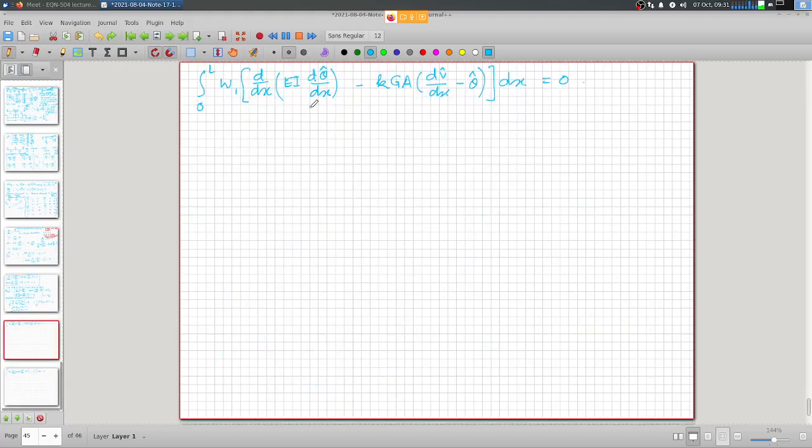So let's work out the first equation. First term, integrate this by parts: integration of W1 multiplied by this expression. So the first function multiplied by the integral of the second function, from zero to L, minus the integral of the differential of the first function times the integral of the second function.